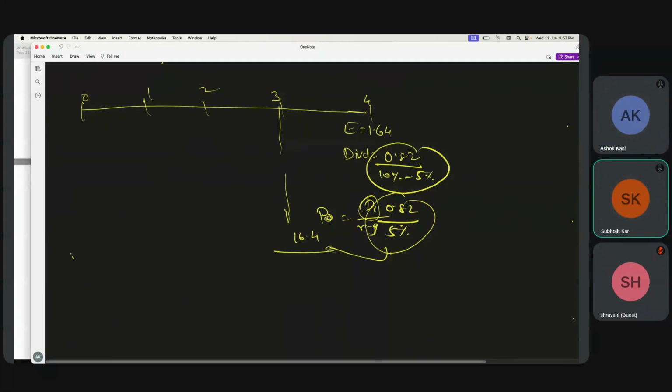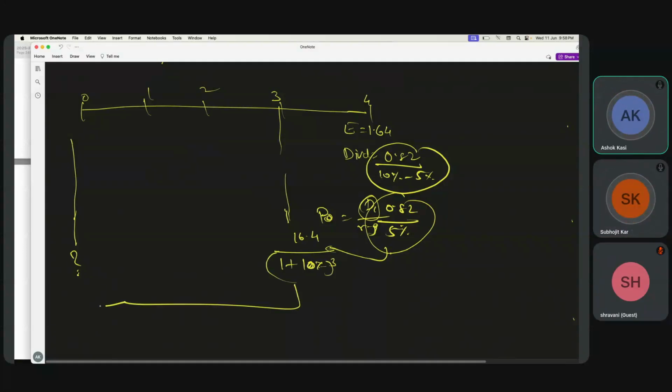So how much is the price over here? That is the question. Then you do a normal discount: 1 plus 10 percentage required return, raised to 3. Discount this, divided by 1.1 cubed.